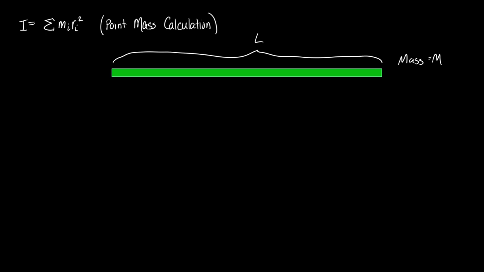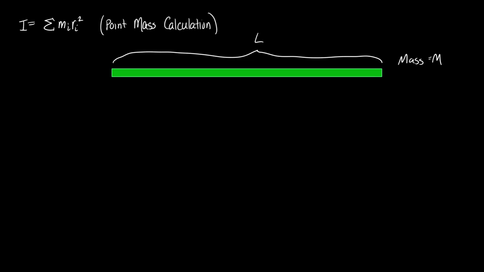Now, if we're trying to figure out its moment of inertia, the other thing to consider is that moment of inertia changes depending on where the axis is placed. So if we want to find its moment of inertia, we must start that problem by knowing where the axis of rotation is that we want to use.